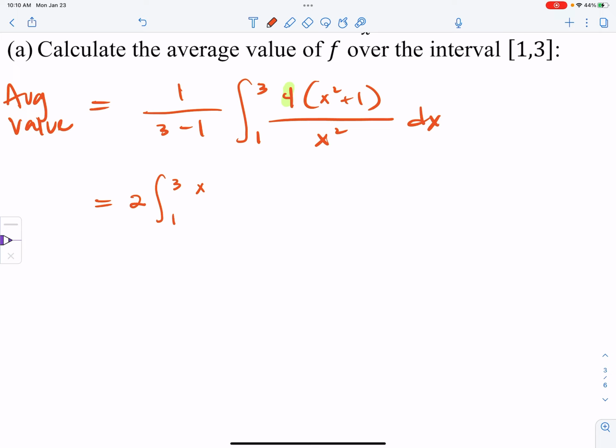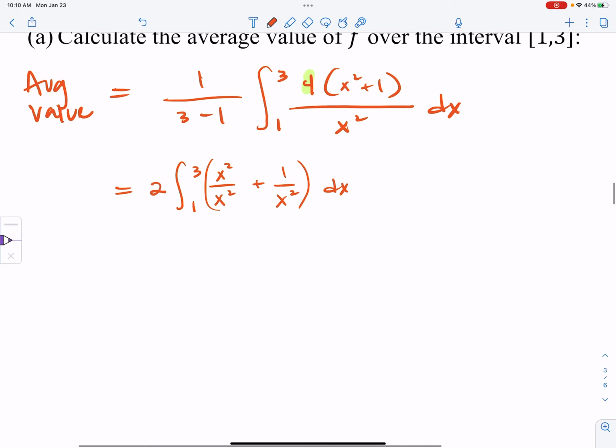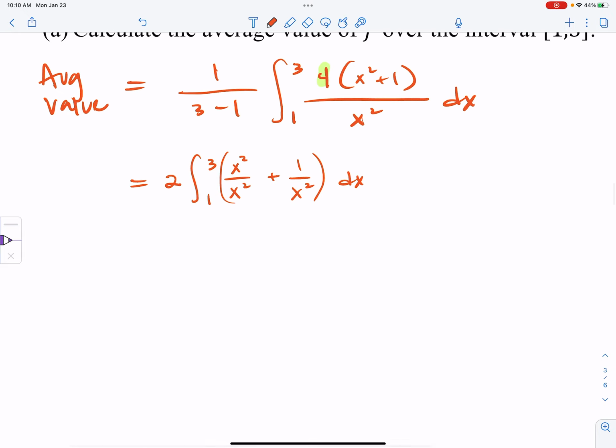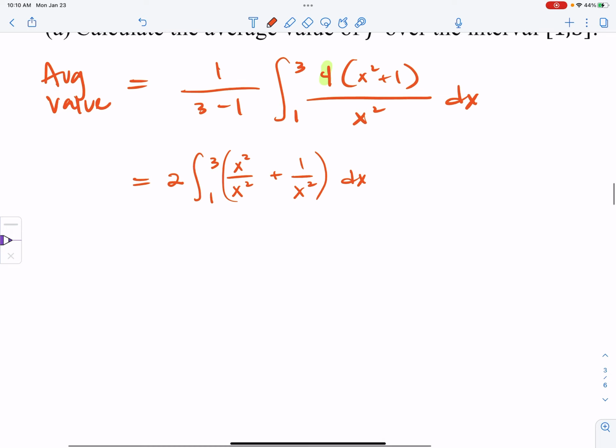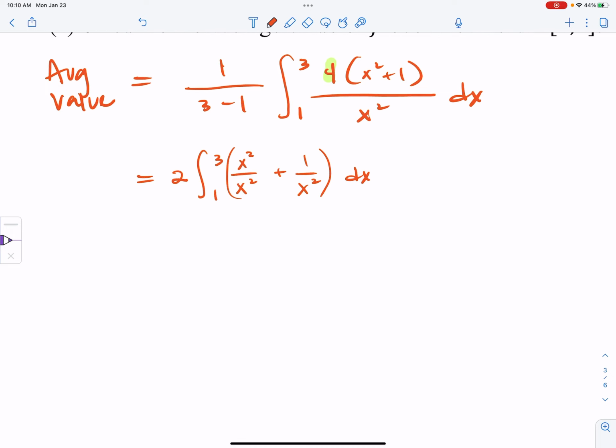And then x squared plus 1 all divided by x squared, well, that would be x squared over x squared plus 1 over x squared. And the reason that I'm rewriting this is we do not know how to integrate the quantity x squared plus 1 all divided by x squared.